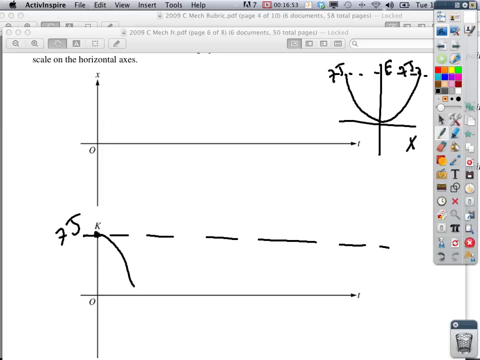So it's going to come down to 0 like this. And then when it comes back, because the v is squared in the kinetic energy, it's never going to be negative. So you can't make this negative. It looks something like this. Do we see how that works here?